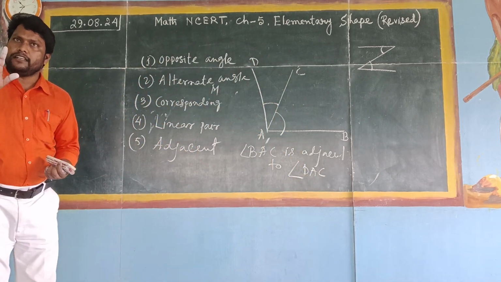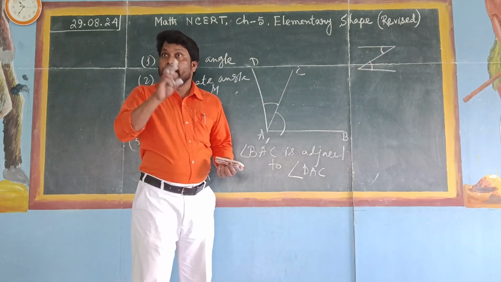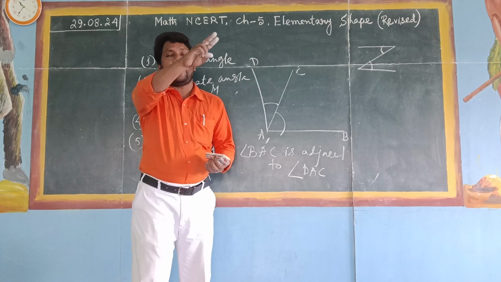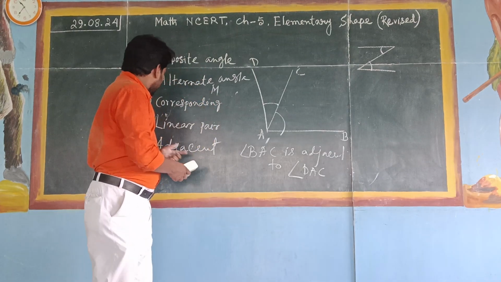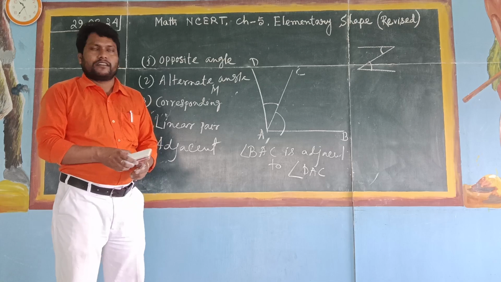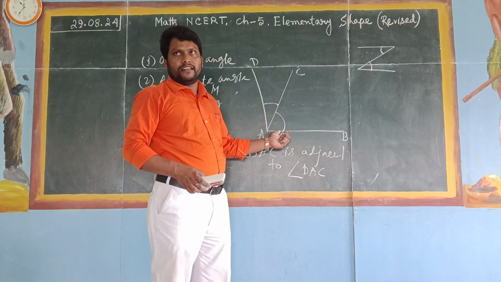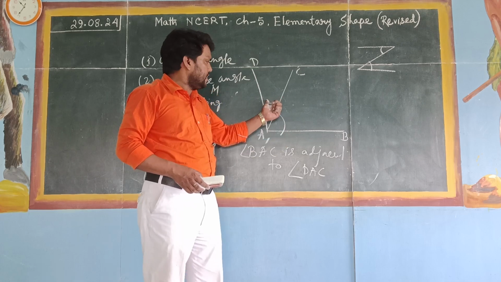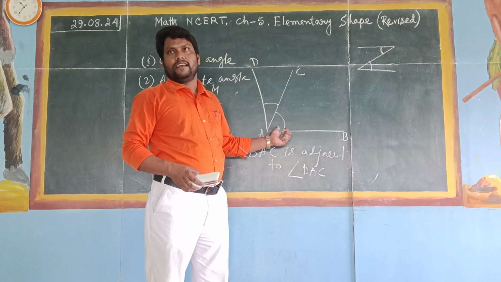Understand what is adjacent and what is the difference between linear pair and adjacent? Linear pair means two adjacent angles whose sum must be 180 degrees. Okay, so these are linear pairs. But if two angles are formed on either side, but their sum is not 180 degrees, then this angle and this angle are adjacent angles.